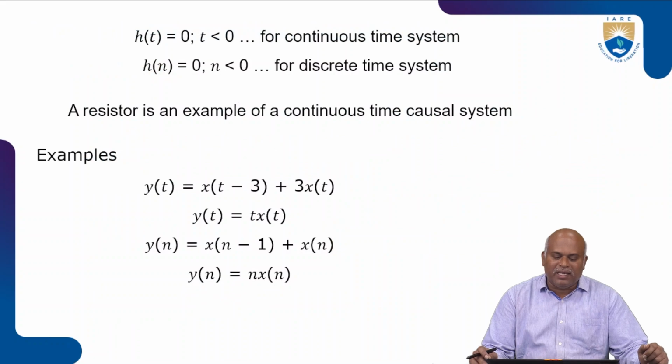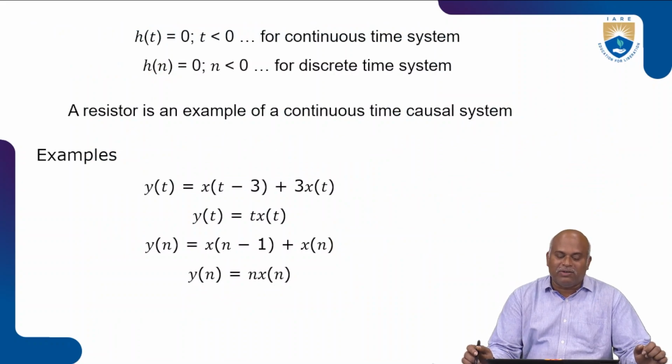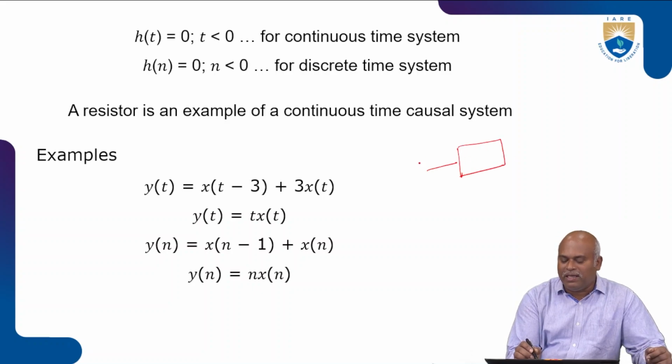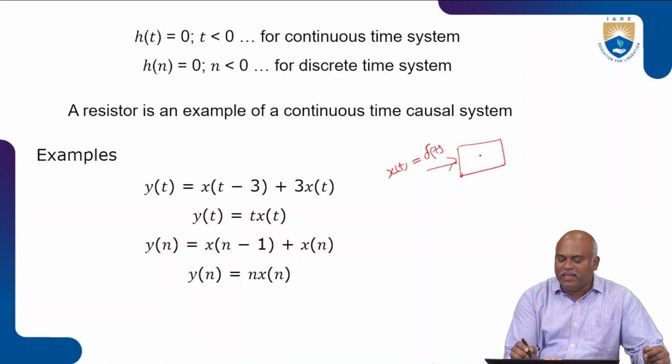For example, here I take h of t equal to 0. How did this h of t come about? The h of t is represented as a linear time invariant system, which we studied. We give the input x of t as delta of t, that is an impulse signal. The system performance produces the output y of t.